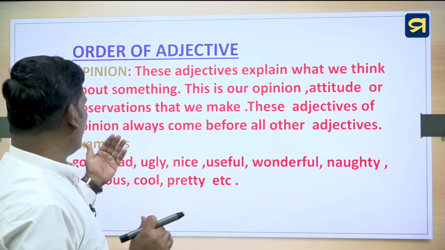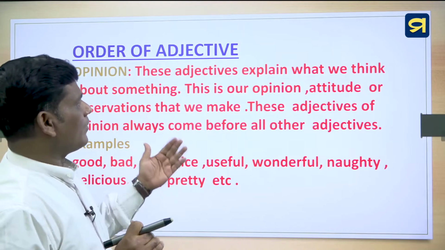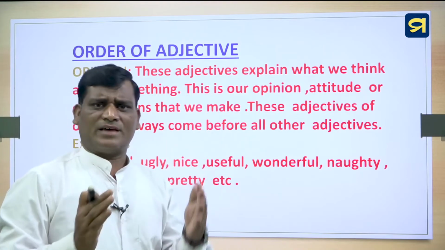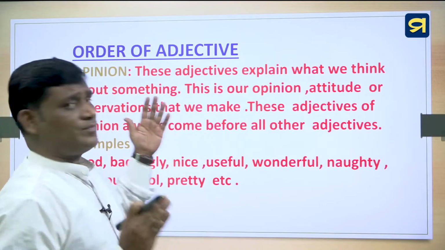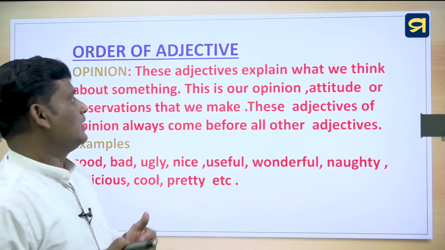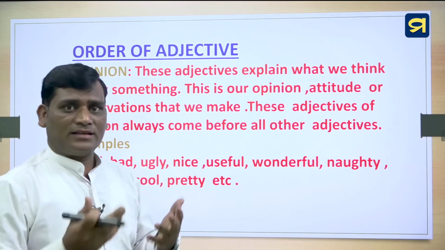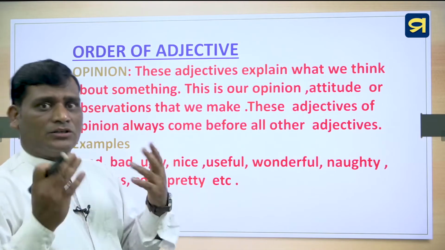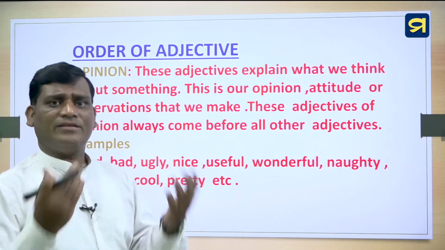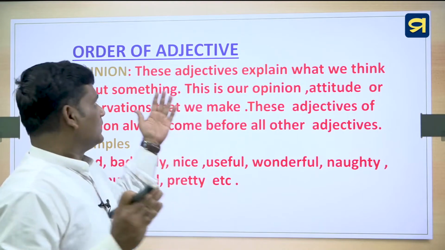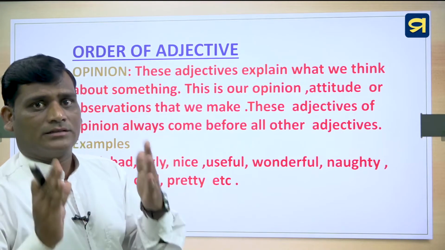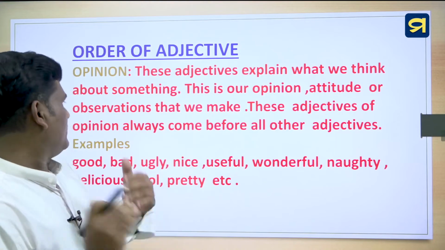Adjectives of opinion always come before all other adjectives. There are different types of adjectives, but the adjective of opinion comes first. So what is opinion? Opinion means our thinking, our observation. Your observation and my observation may differ. But these are called adjectives of opinion.